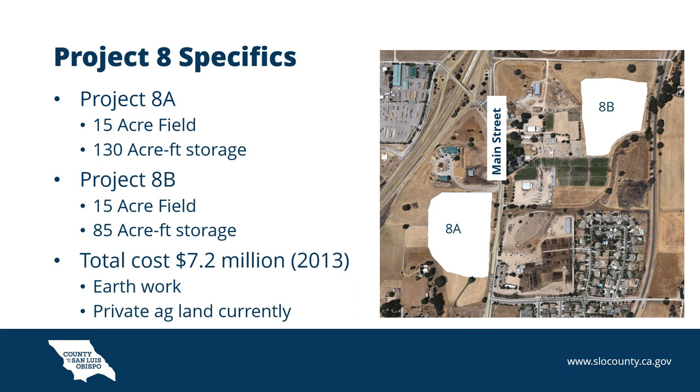And so having those basins, at least the 8A basin, as the Toad Creek flows to the northeast there, it would help prevent and lower the amount of flood that goes over Main Street. Total project for both those, about $7 million. That was an old estimate, but it would help and aid mainly in the infiltration of stormwater into the groundwater basin.